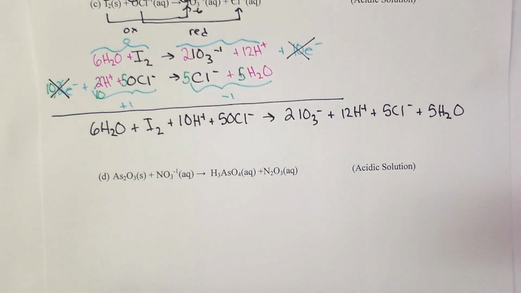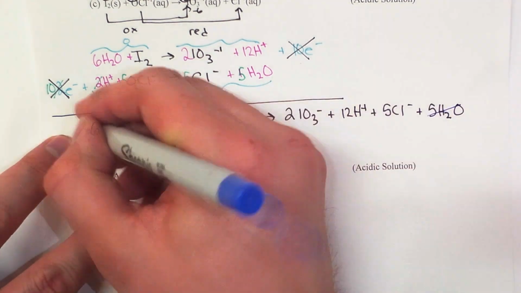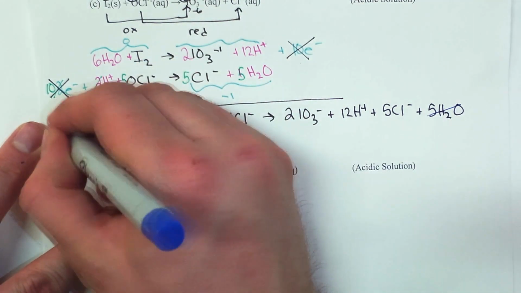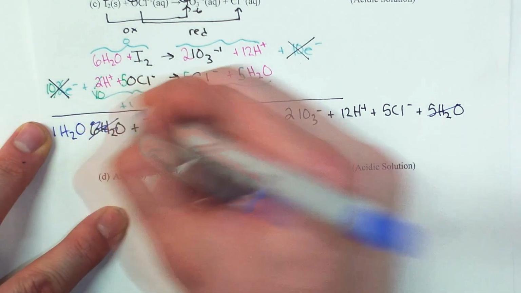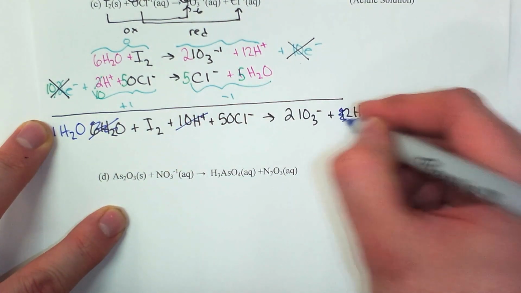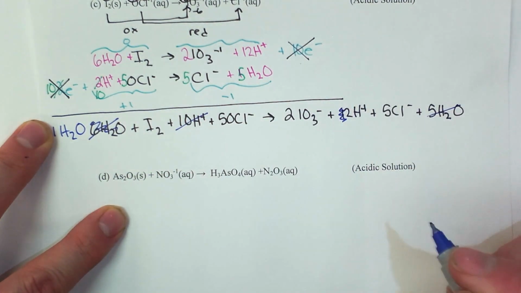Let's just see what cancels out now. Take 5 water from both sides. I guess I just write 1 H2O then. Didn't need to write that out. I have 10 and 12. Change that to a 2.